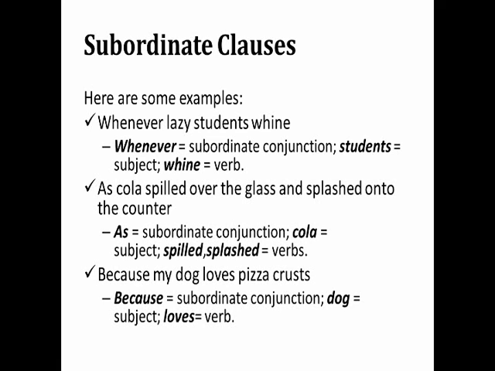Again, when you encounter this particular clause, you will know by the presence of a subordinating conjunction plus the subject and here goes your verb. And it doesn't have a complete thought. That's why it doesn't make sense.